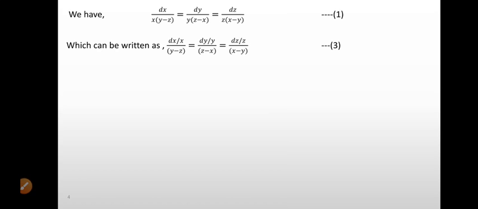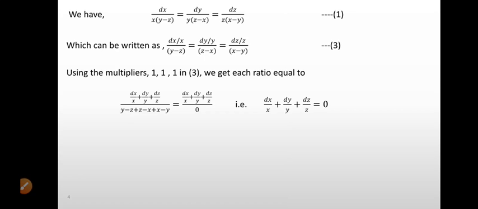So again using the multipliers as 1, 1, 1 to these three ratios from result 3, we can get one more solution. So these multipliers give us each ratio equal to dx upon x plus dy upon y plus dz by z upon 0.